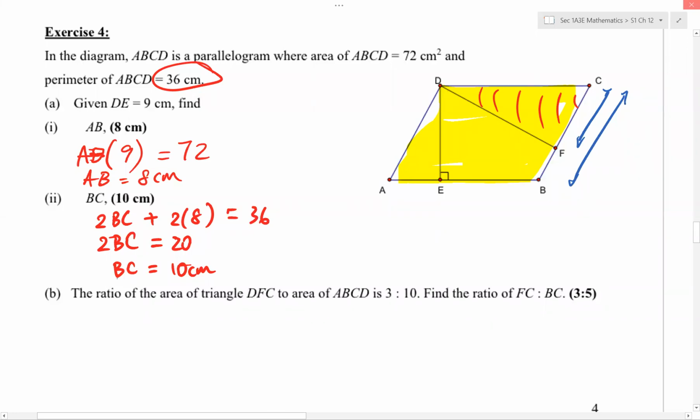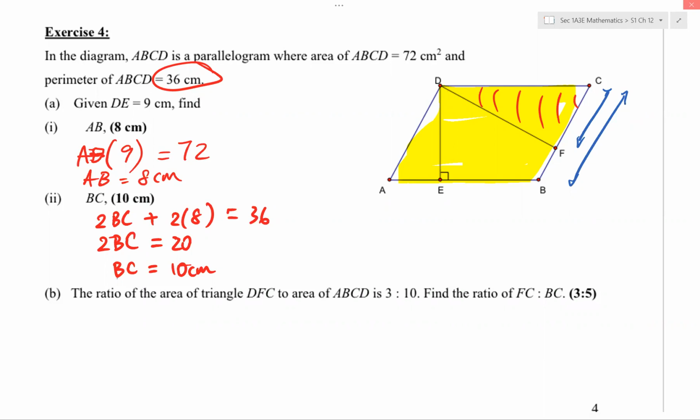If you want to find the area of a triangle, what do you need? Base and perpendicular height.